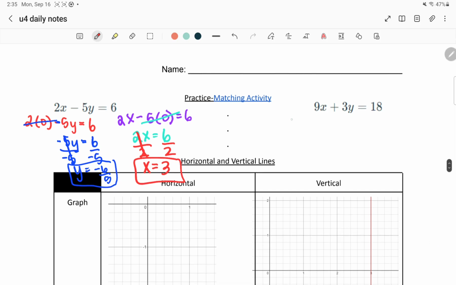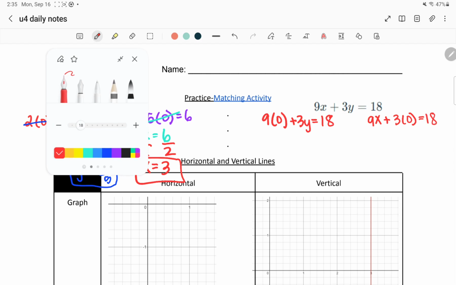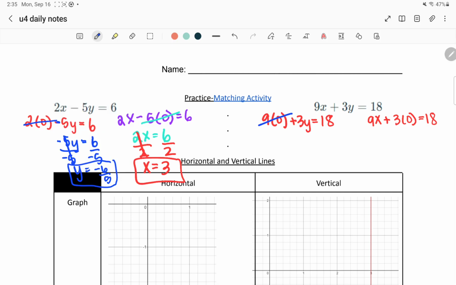Okay, we're going to put in 0 for x, and then we're going to put in 0 for y. 2 different equations, and we're going to solve. So that goes away. I got 3y equals 18.